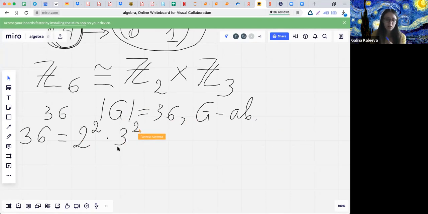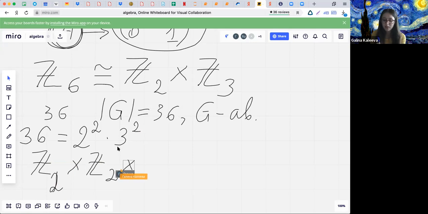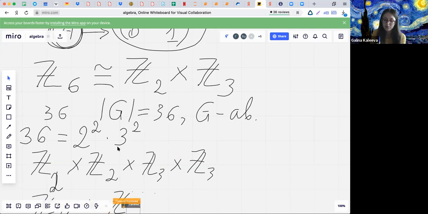So all the groups can be represented in the following way: Z2 times Z2 times Z3 times Z3, and some others, for example Z4 times Z3 times Z3.